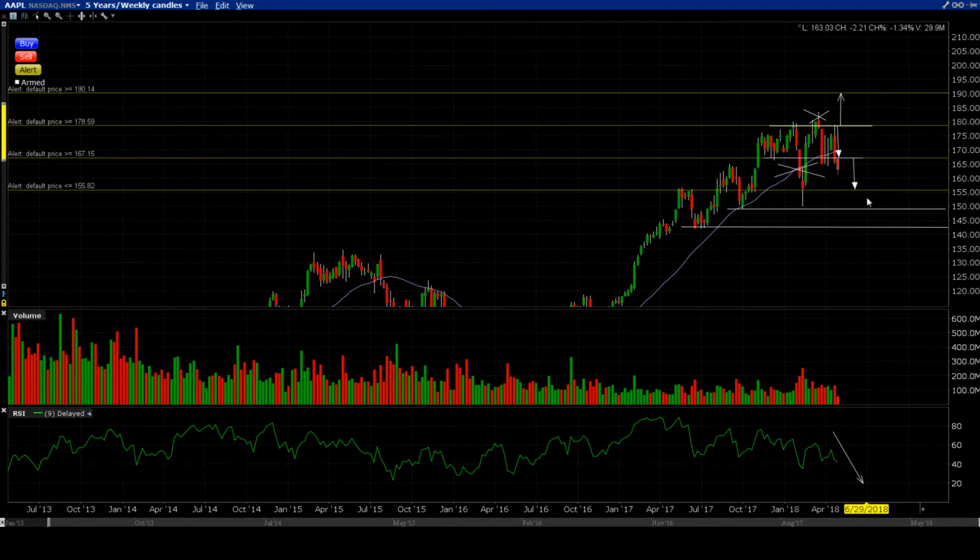If I be playing this on the weekly and in the Stan framework, the 155 level would be my support of that top formation. Or even here, Stan maybe could have used this one here, the 165. So on the weekly candle chart, Stan could have said that this pattern right here would be the breakdown pattern.